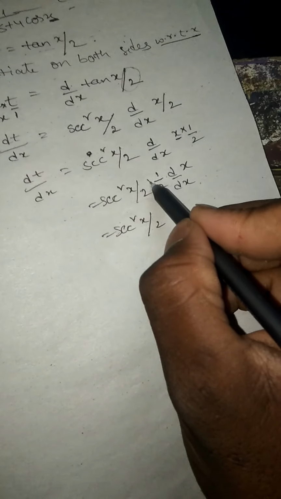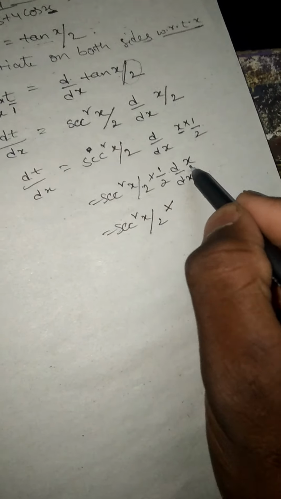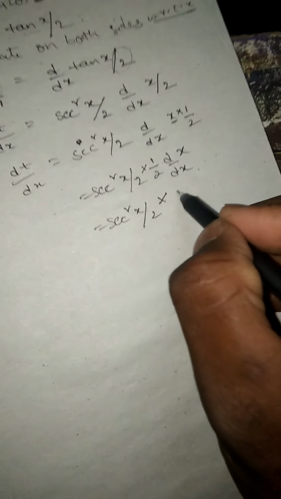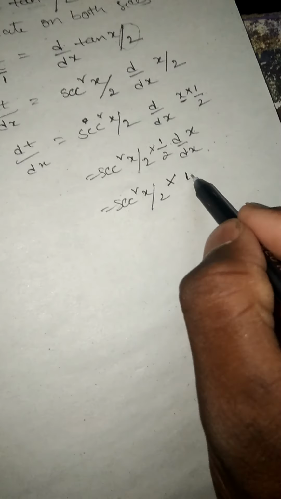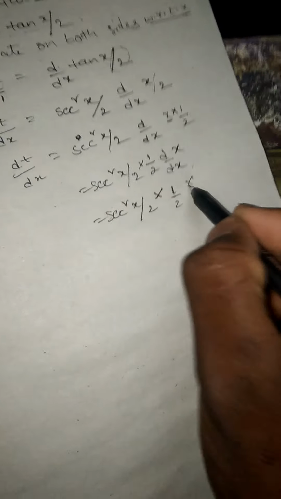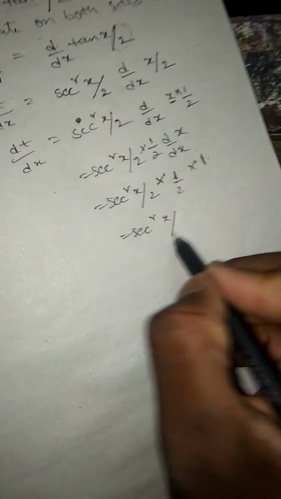Between these two there is a multiplication, d by dx of x. We know the derivative of x is 1. So 1 by 2 into 1 is 1 by 2. Secant square x by 2 into 1 by 2.